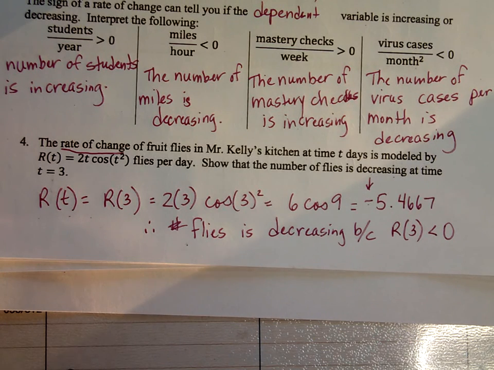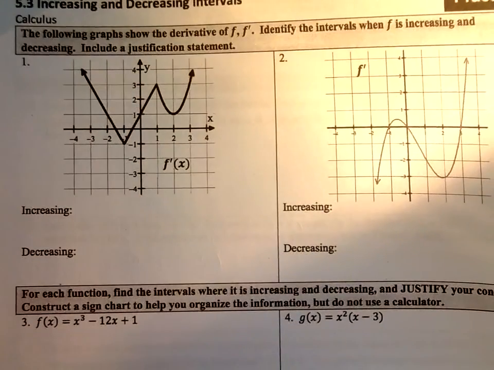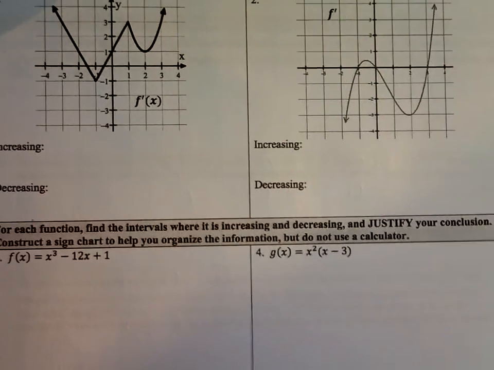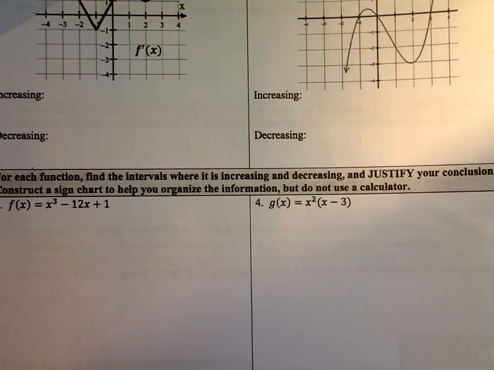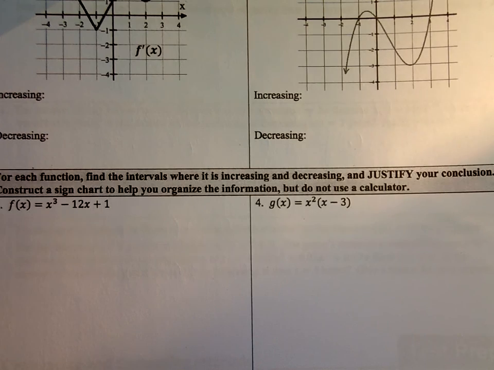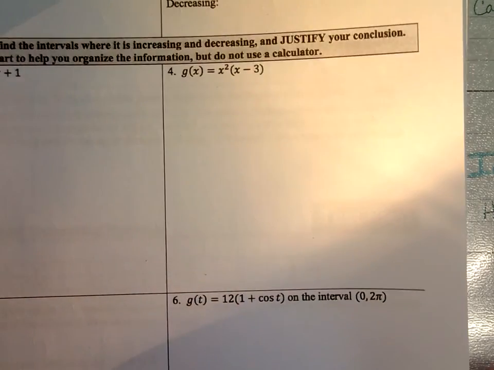I want to look at a couple of practice problems. I'm just going to pick a few. I don't think the ones from the graph are all that hard, so let's go to the one that you might pick, probably number 6, because you see the trig functions and you get freaked out.